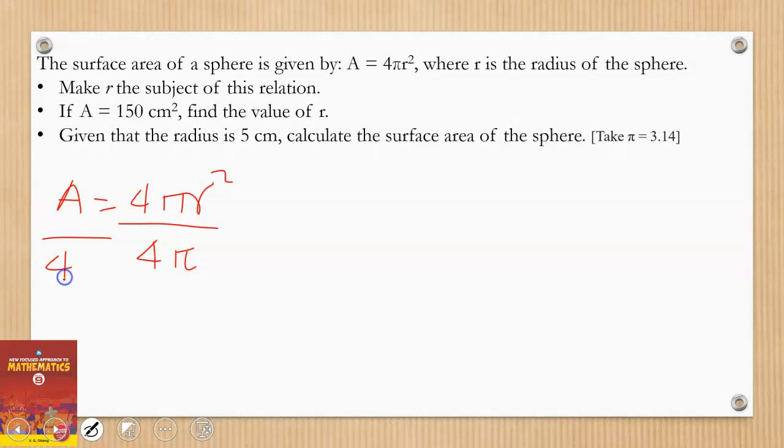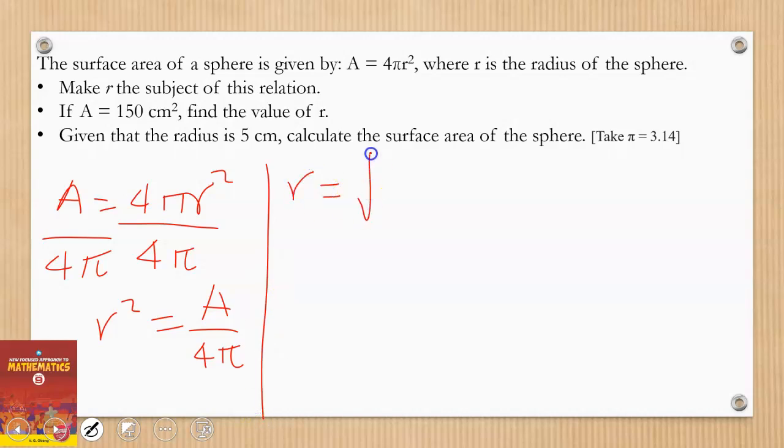When that is cancelled, we have r squared equals A over 4 pi. And to make r the subject, we take the square root. So r equals the square root of A over 4 pi. That answers the first part of the question.